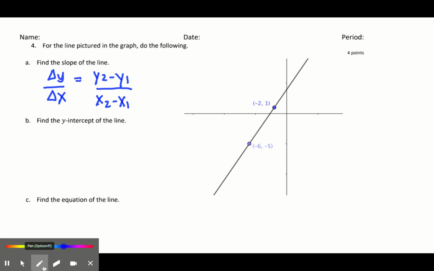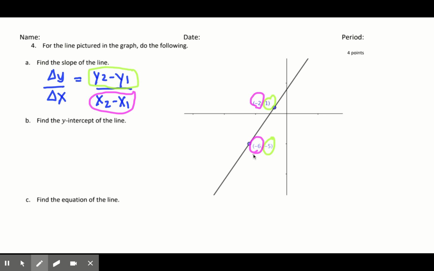So this is the y's, and then these are the y values in these points. And then this is the x's, and these are the x's in these points. So whatever you do, you have to do it in the same order. So if you do the first point, the next point, then for the y's you have to do that same order.